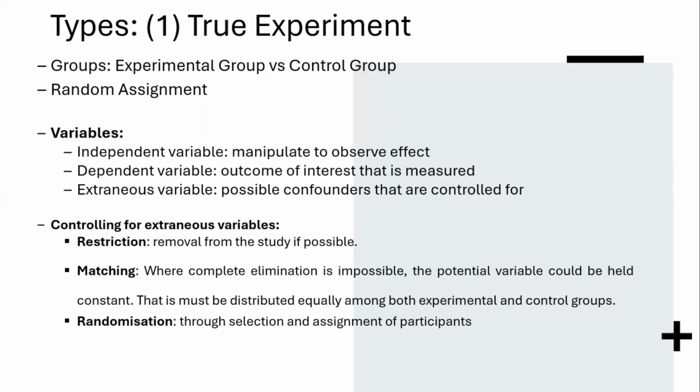So for all these three ways of controlling for extraneous variable, they work at different stages. You can do restriction to decide who qualifies and who does not qualify. That will be inclusion-exclusion criteria. So any extraneous variable that you want to restrict, you add it to inclusion-exclusion criteria.